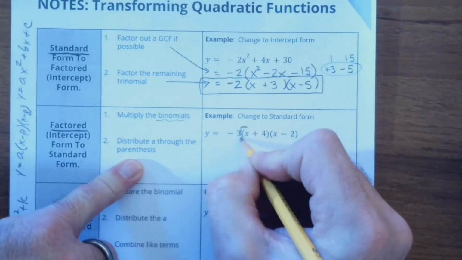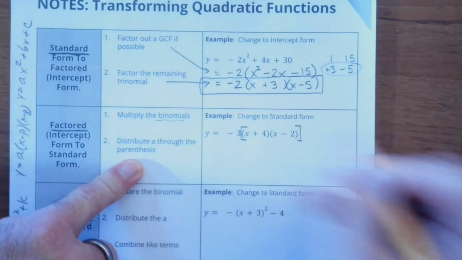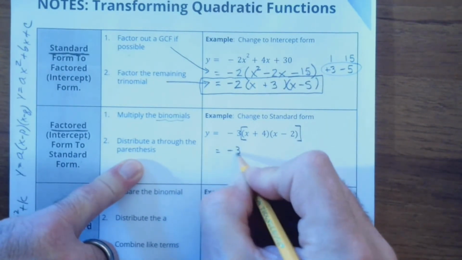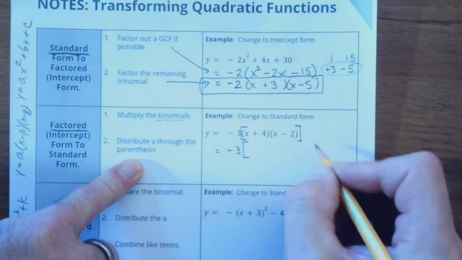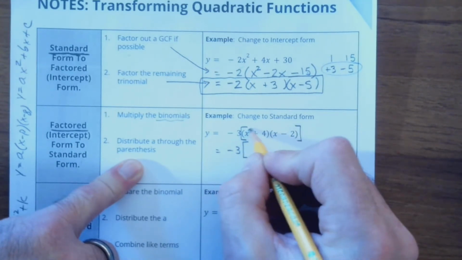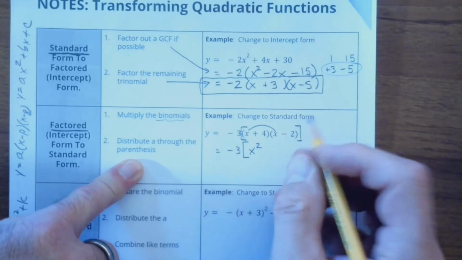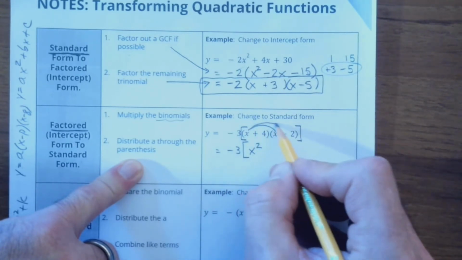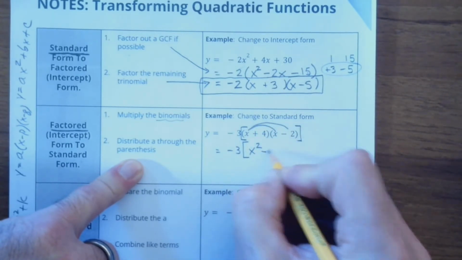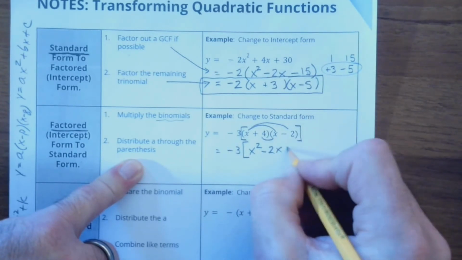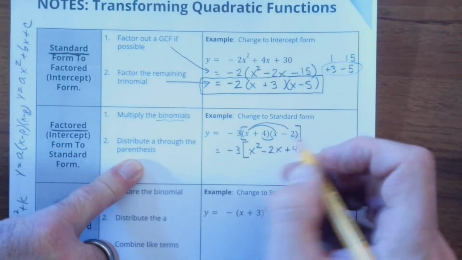That means these things. So we're going to write the negative 3, and inside the giant brackets, we're going to distribute. X times x is x squared. X times negative 2 is negative 2x. 4 times x is 4x.